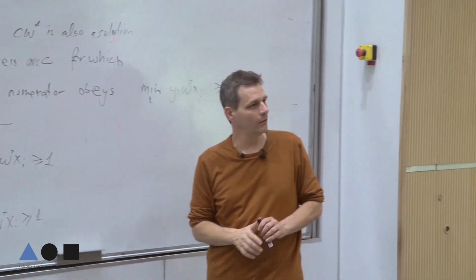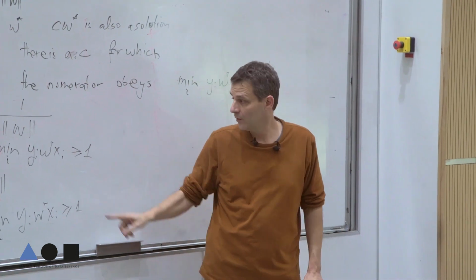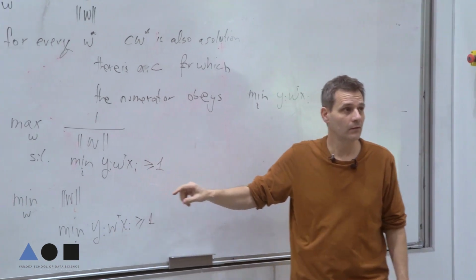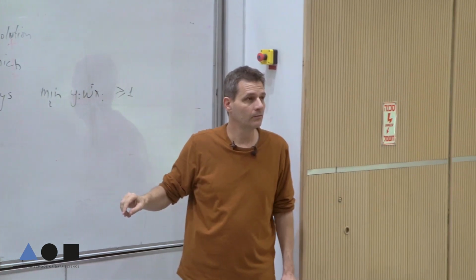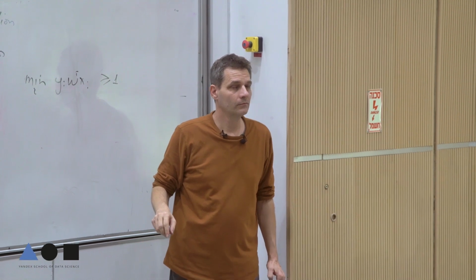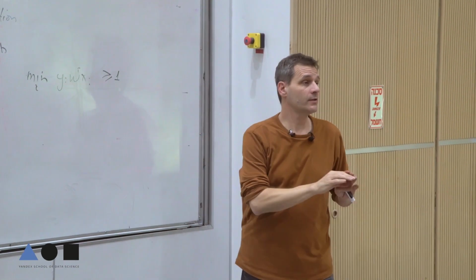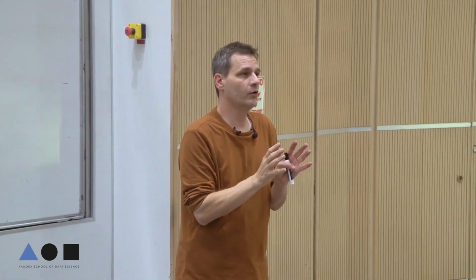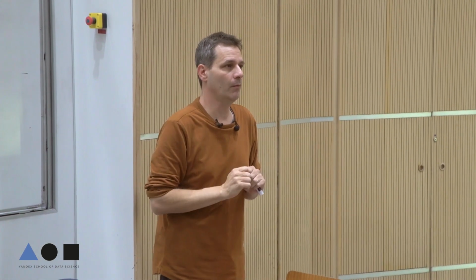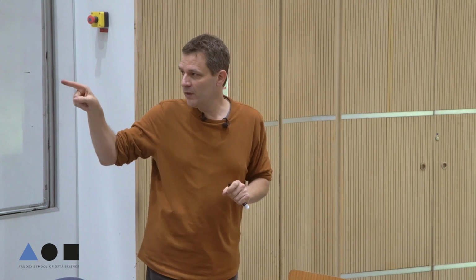Explain the constraint. Why are you taking a constraint of 1? Oh, why 1? This is just an arbitrary number. You just want to set the scale of the problem. I remind you that the reason we divided by the norm is because among all the zoom in, zoom out, we want to select one member of this family.